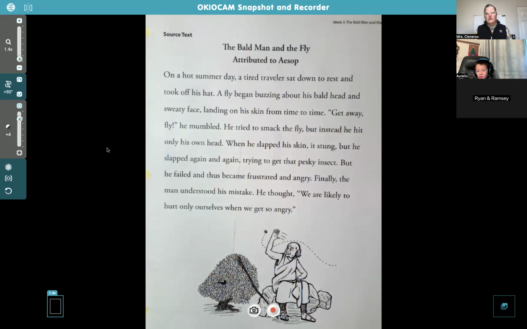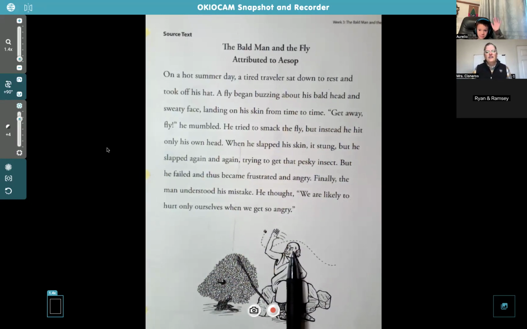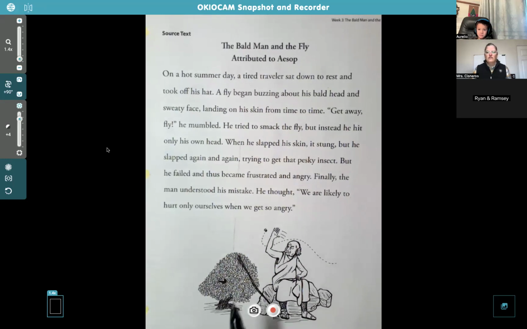So a good way to get rid of your anger would be to scream in a pillow. Sometimes you can run. If you go outside and start running around the front yard or the backyard, probably the backyard is better, run as hard as you can and get all your energy out. That's another healthy way to get rid of it. But anyway, to not get angry and hurt yourself, that is something we can learn from this story.